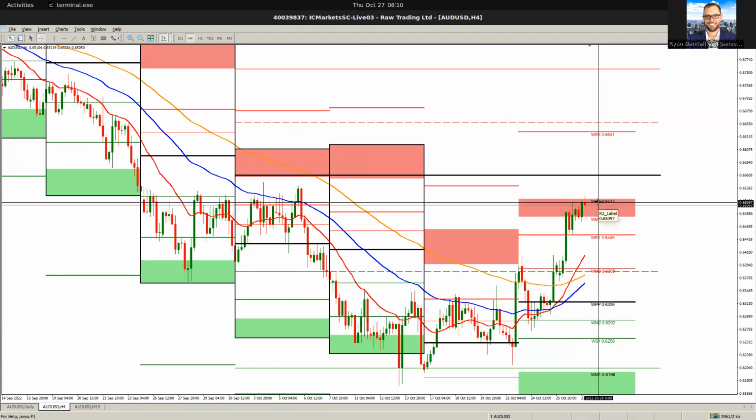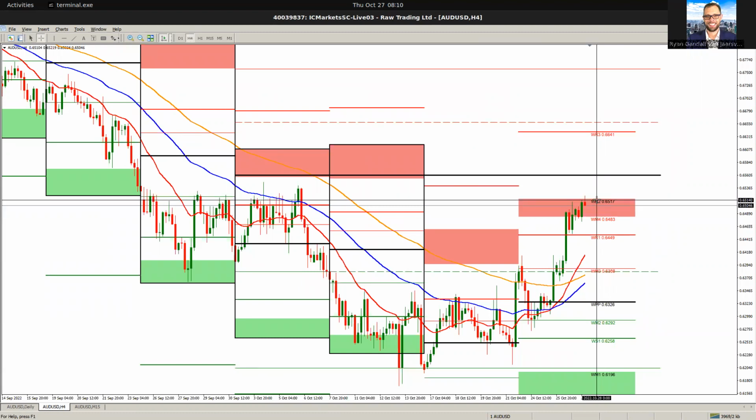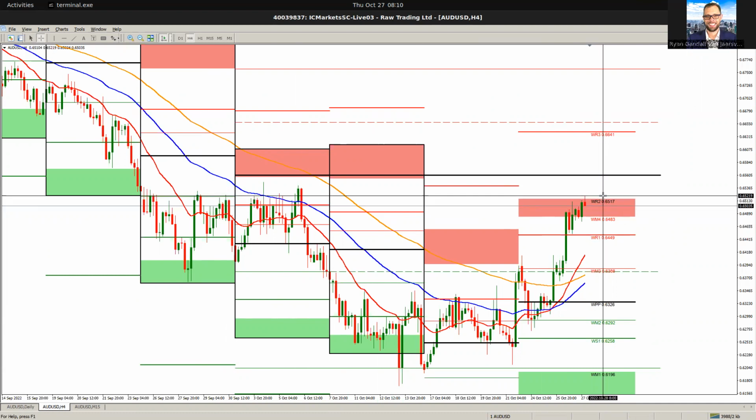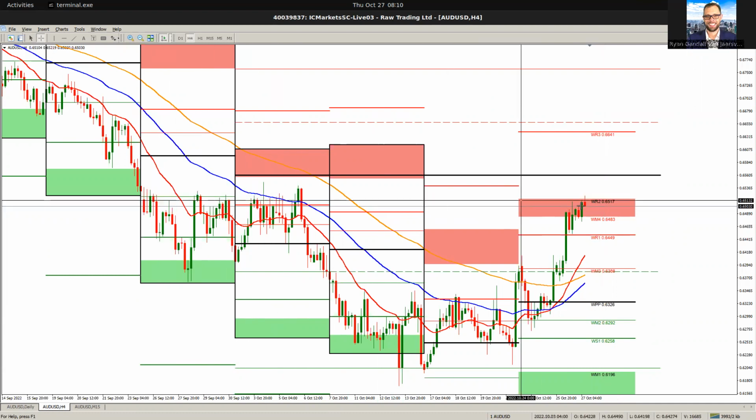Looking at this 4-hour candle, you can see we haven't really closed any kind of role reversal. We've got the top of the range over here, price topping out there. Linking that to the right-hand side, there are some areas which were resistant in the past. However, not role reversals.